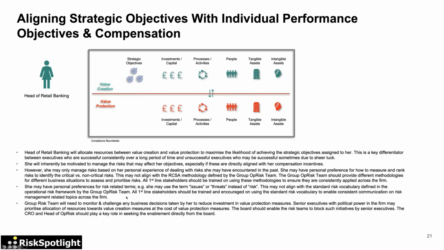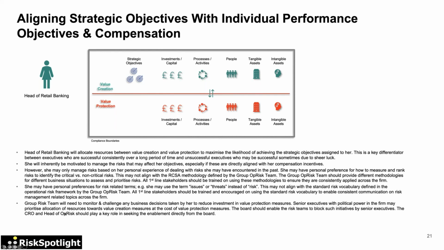And then she may also have her personal preferences in terms of how she prioritizes the risk. So she may use some methodology. It may not be the inherent risk and the residual risk methodology, but she will be thinking about those risks because she needs to make sure that by managing those risks, she will be able to achieve her objectives.